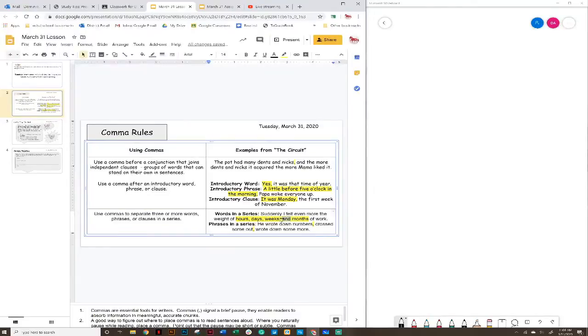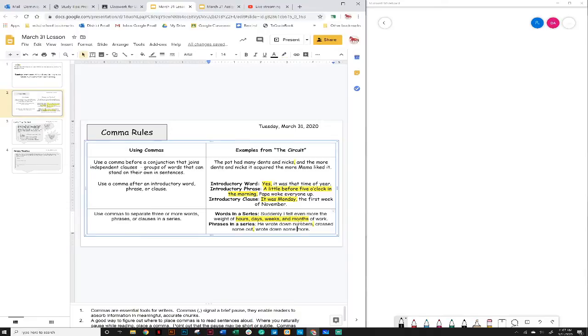And this is where you guys would get confused. You would see that comma and you would think, oh, this is a compound sentence. But remember, compound sentences have two independent clauses, meaning that there are two clauses that are a standalone sentence.